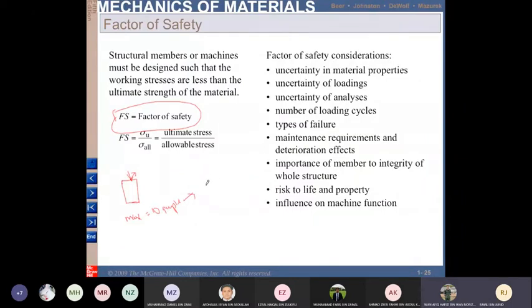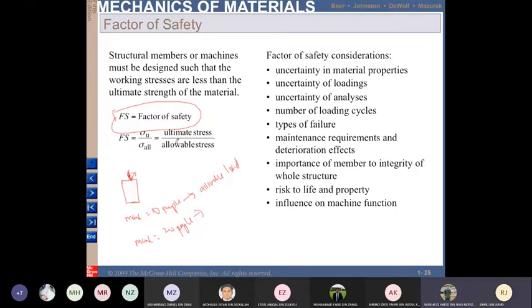So this is the allowable load. But actually this cable can go up to 20 people.